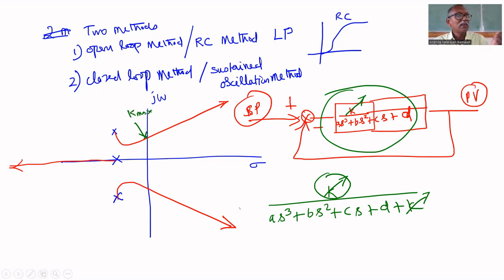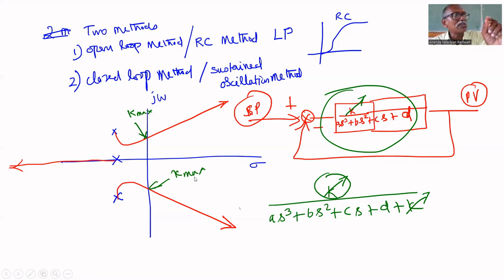At K max, the poles transfer from left hand side to right hand side. That's why the system becomes unstable. If K is greater than K max, the system becomes unstable.